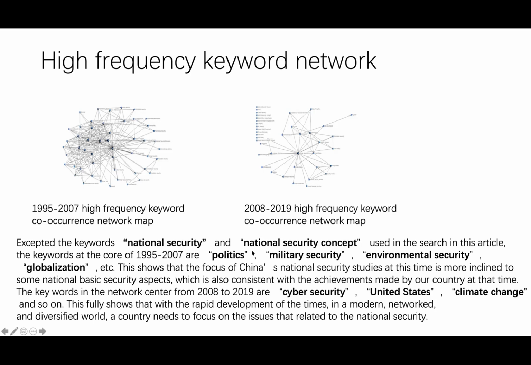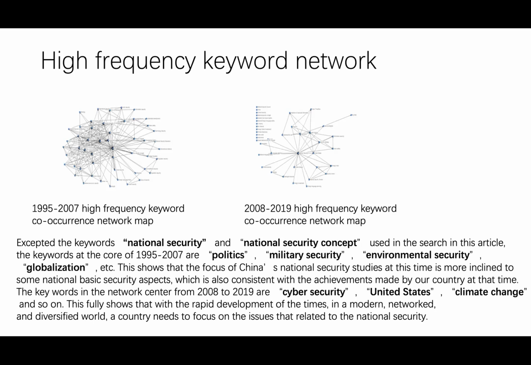And firstly, I divided the articles into two periods: the first is from 1995 to 2007, and the second is from 2008 to 2019. From the results, we can clearly see that except for the keywords such as national security and national security concept, China's security focus has a great shift. In the first period, it focused more on politics, military security and environmental security.